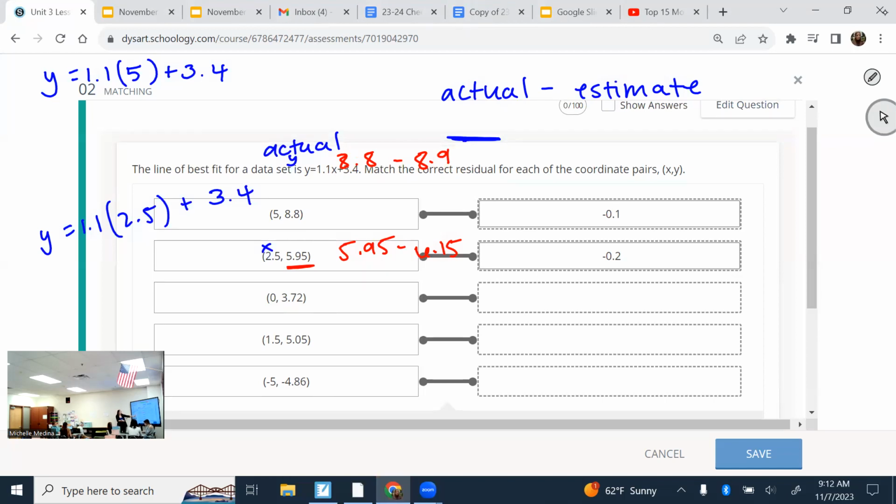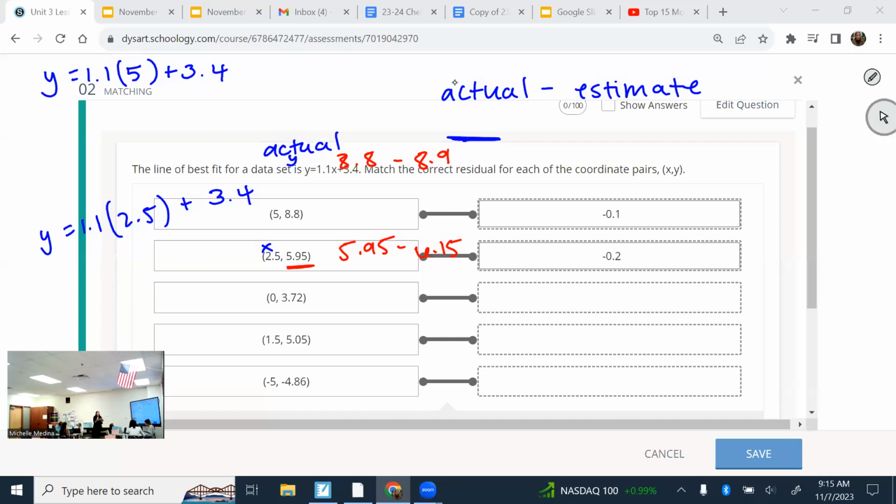Can I let you guys try the rest now that I showed you two of them? And then we can verify that they're right before you leave. But just know the process. X is your input, that's what you should plug in for the X. Your estimated Y's come from the line. Do we have questions on other parts of the practice, or is it just that? So everyone else, get the answers to this.